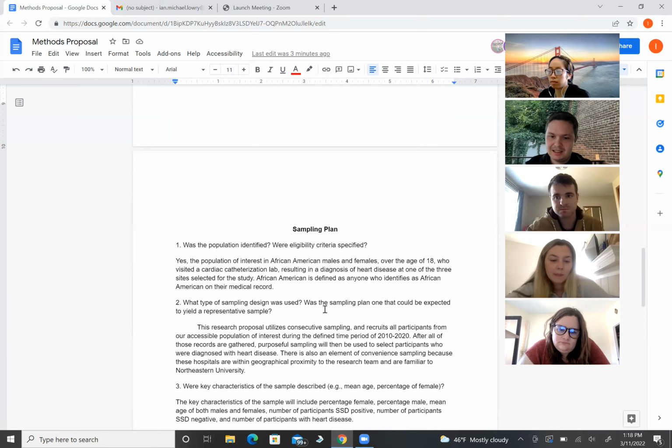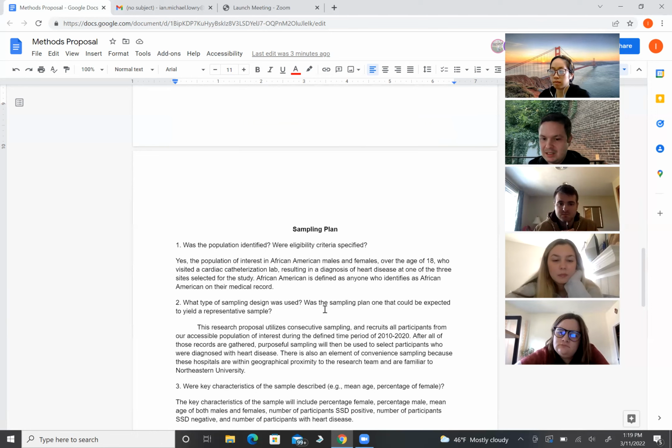I also added that there's an element of convenience sampling here. If you were doing a random sample, you would have all the hospitals and a way to randomly select which hospitals you were going to look at for the study, which would probably yield a more representative result.